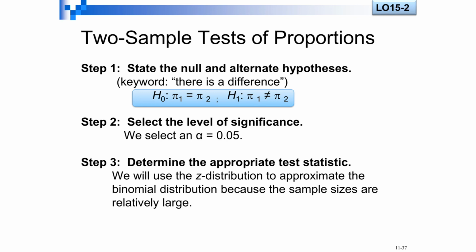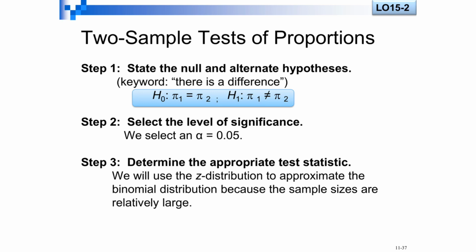Now they said check if there is a difference between these two. So you go through the six steps of hypothesis testing. Write the null and alternative hypothesis, that is, is there any difference between these two or not. So again it is difference and no difference. So you have to write the null and alternative based on that.